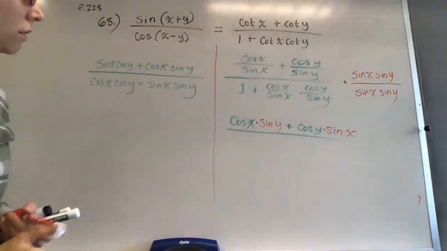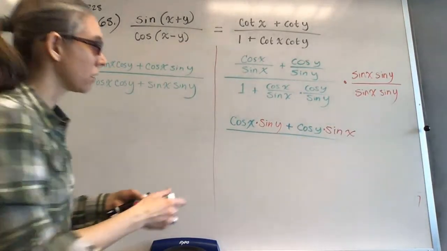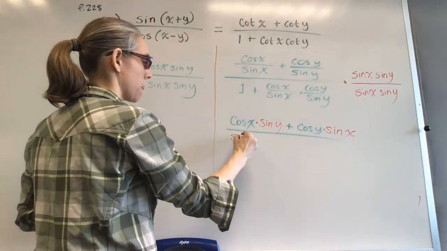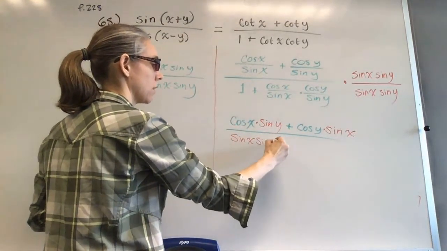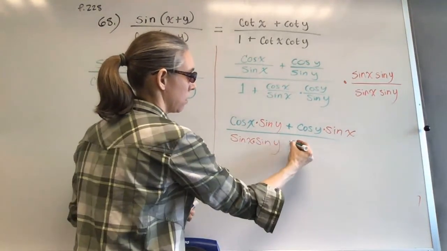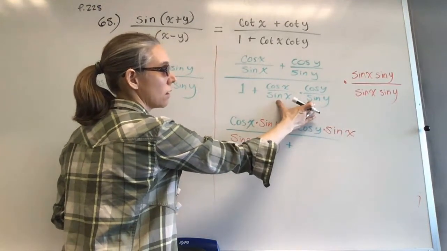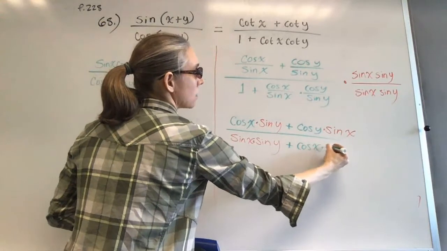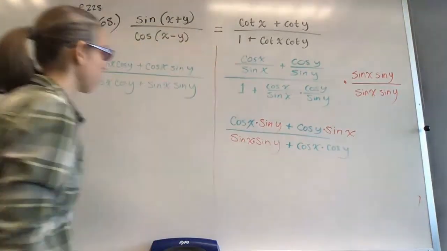There's my numerator. For my denominator, 1 times sine x sine y is, of course, sine x sine y. And then plus, these cancel entirely with these, leaving me with cosine x, cosine y.